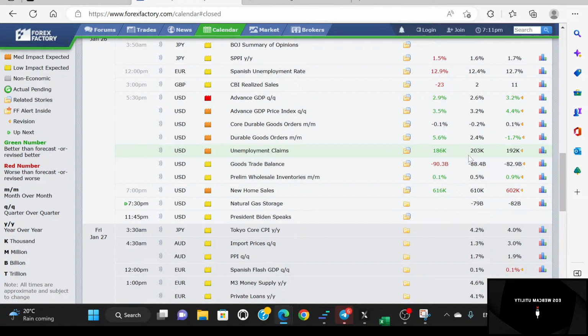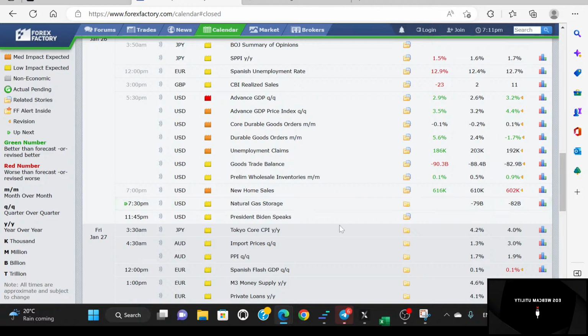So you can see growth in employment, growth in GDP, and growth in home sales as well. People are still purchasing homes and apartments. That means the money still exists in the US economy, and spending is still happening.